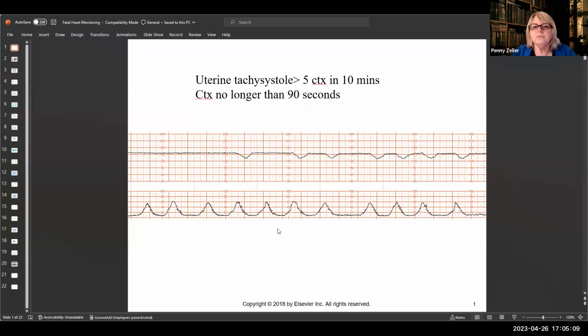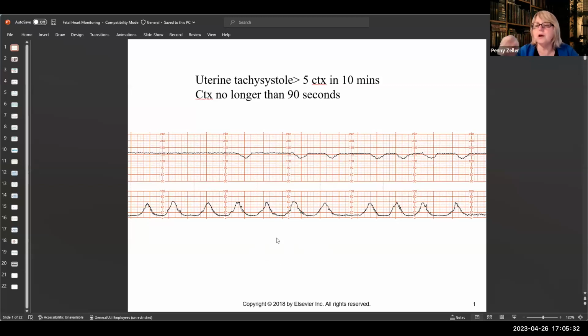And so the uterus doesn't have time to rest between contractions. And the uterus actually might rupture and she could bleed out. So we have to cut off the oxytocin for a while and then restart it at a lower dose.